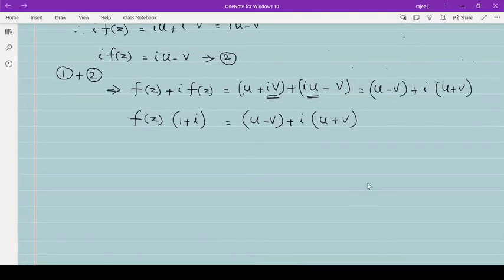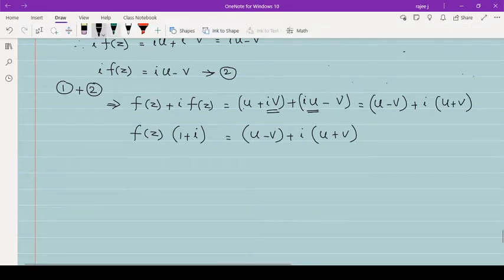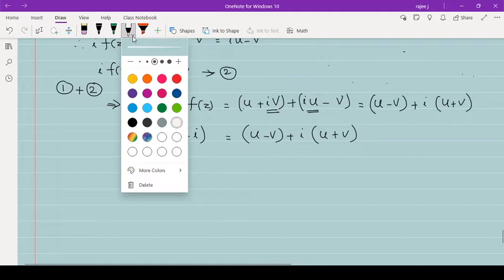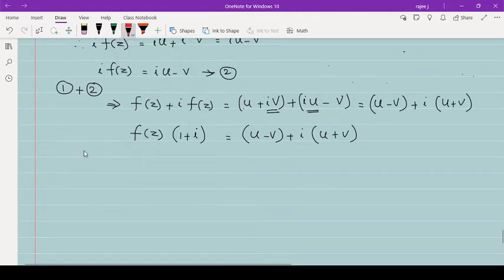Now this is equal to u minus v, which I will call p, plus i times (u plus v), which is q.